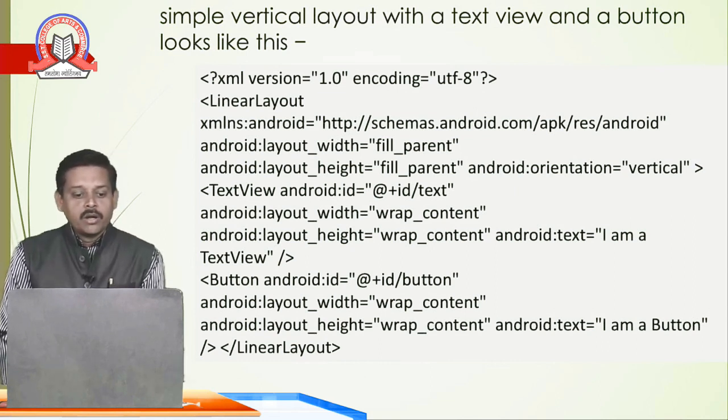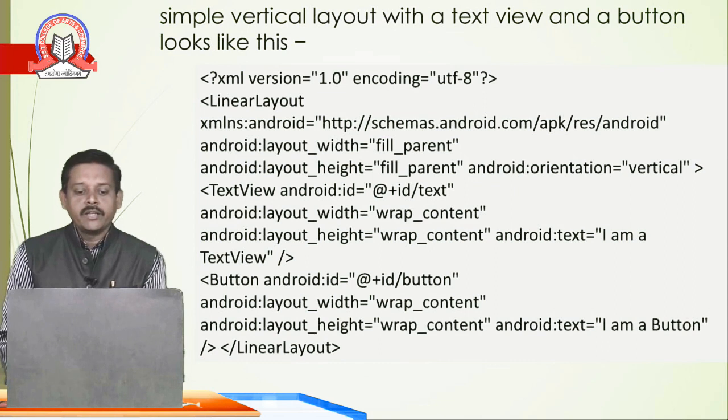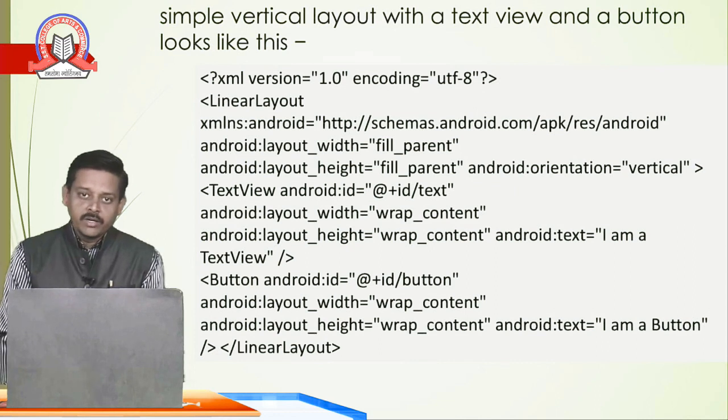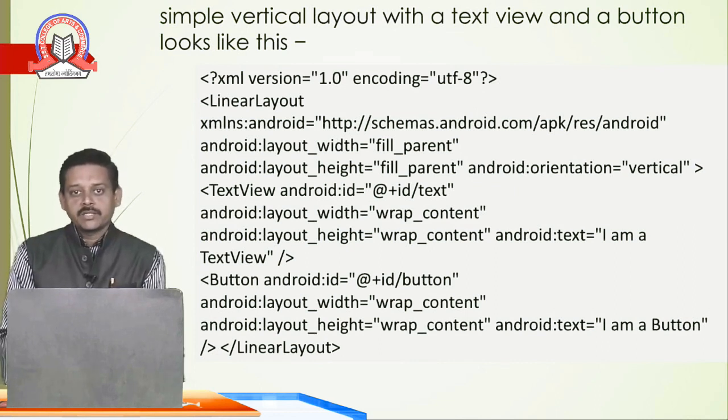Then the button: here we are using common attributes like android:id, layout_width, layout_height, and even android:text. When we write a text, that text is not editable on the button because the button has its own property.